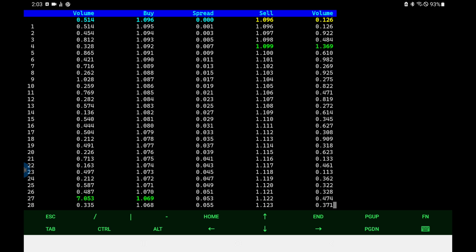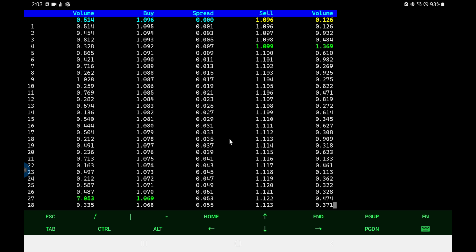And here we see that the volume levels paint where the support levels are and where the resistance levels are. Pay attention to these numbers. They are very important.